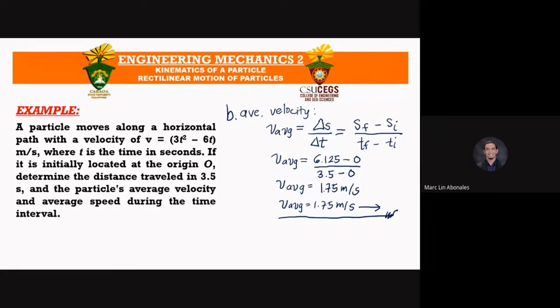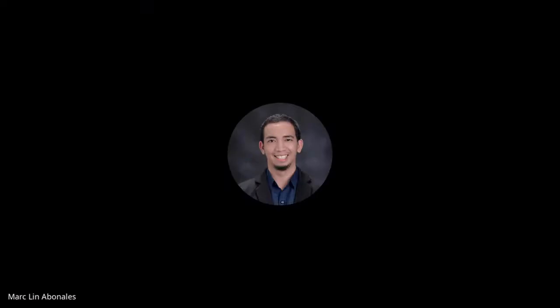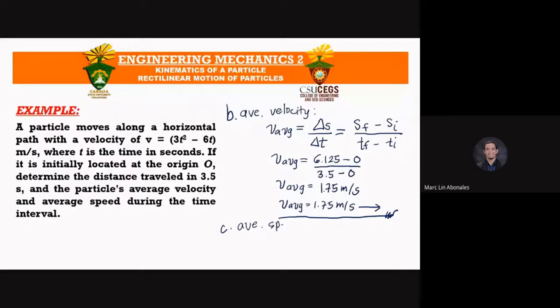And lastly, sa iyahang average speed, ang difference lang sa average velocity with the average speed is that ang average speed is defined with this equation, that is the total distance traveled, mao na nga itong gisolve kanina, over delta t.